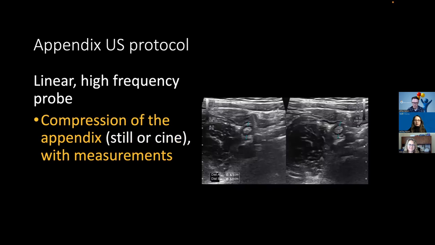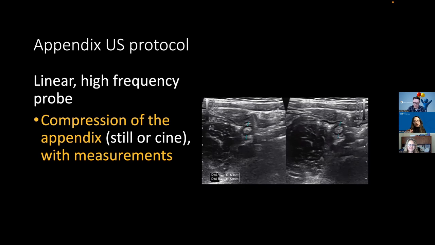So once you do find the appendix, that blind ending tubular structure, you want to compress either on still images or on cines, because usually normal appendices will be able to compress. But one thing to note is that people think compression images have to really compress. That's not the case, because on ultrasound you're already using graded compression.